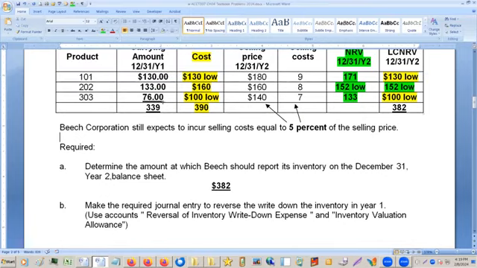Okay, so here's what we do. We have the books at 339. We've got to write it up to 382. We can't go above the cost, but we didn't even reach the cost. We're still down a little bit, but we're going to write it back up from 339 to 382.